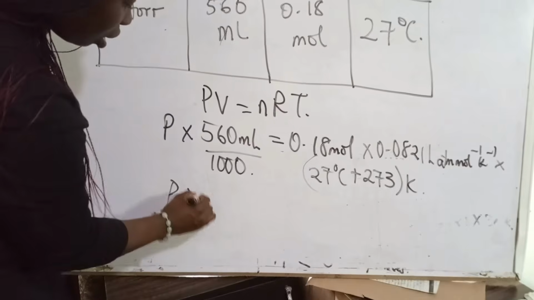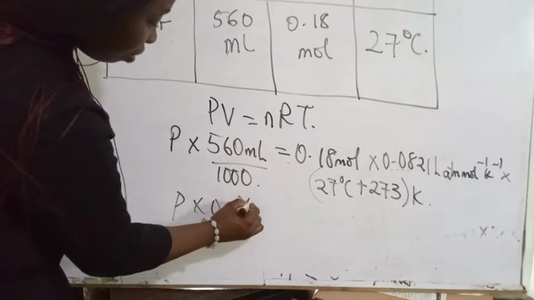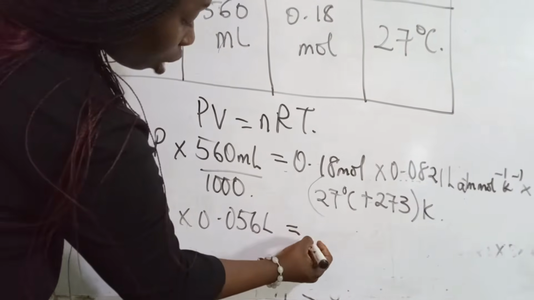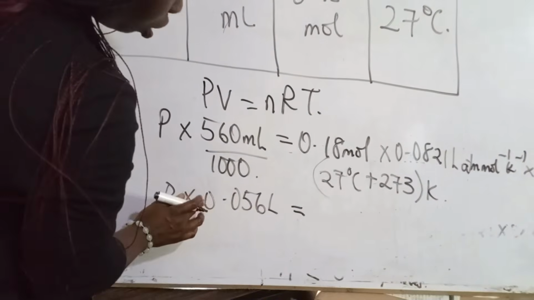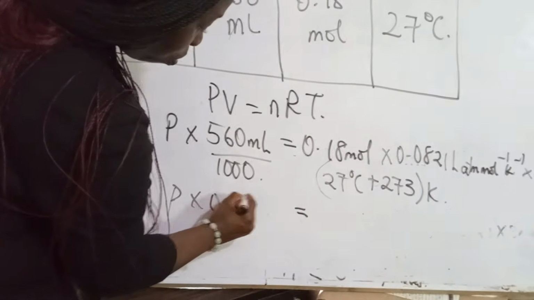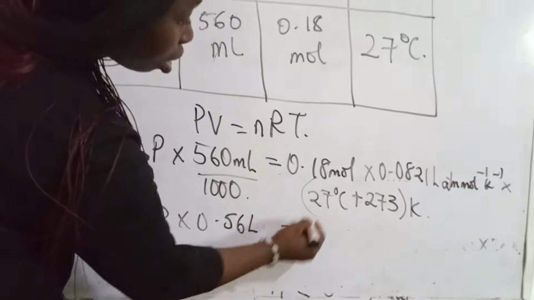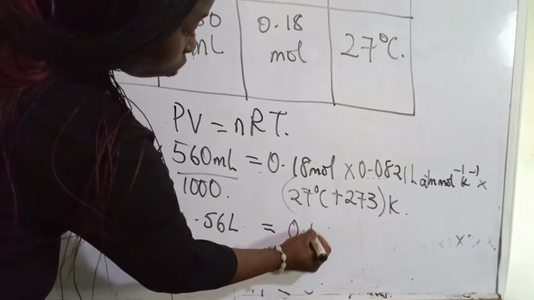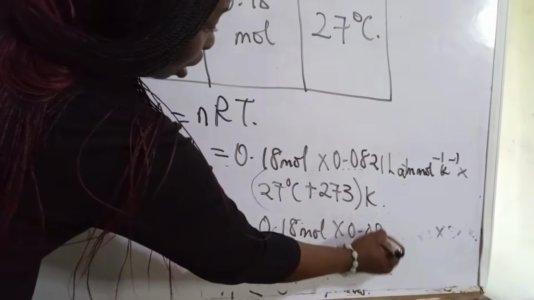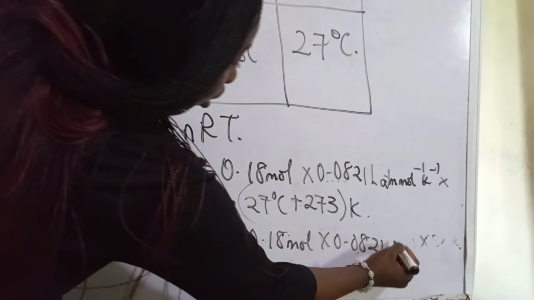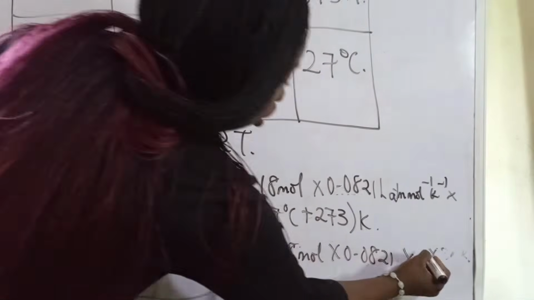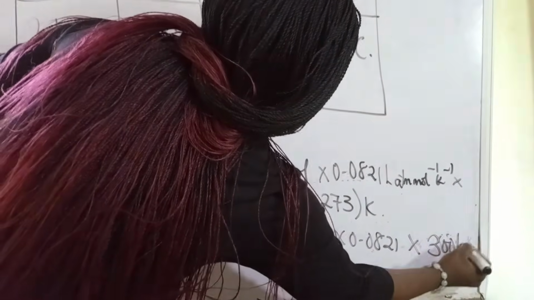You will have P times 0.56 liter equal to 0.18 mole times 0.0821 times, add these two together, you will have 300 Kelvin.